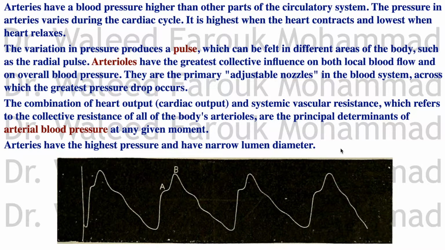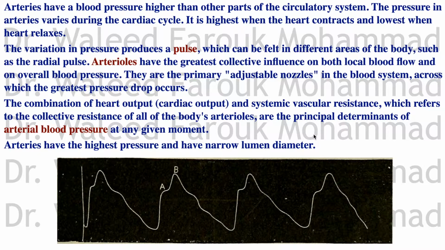Arteries are the high pressure system, meaning they have blood pressure higher than other parts of the circulatory system. The pressure varies during the cardiac cycle, meaning during systole and diastole of the heart. It's highest when the heart contracts and lowest when the heart relaxes.